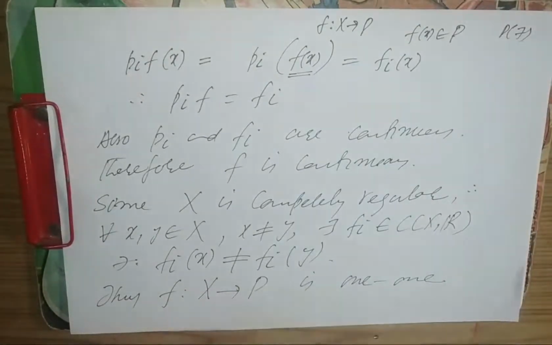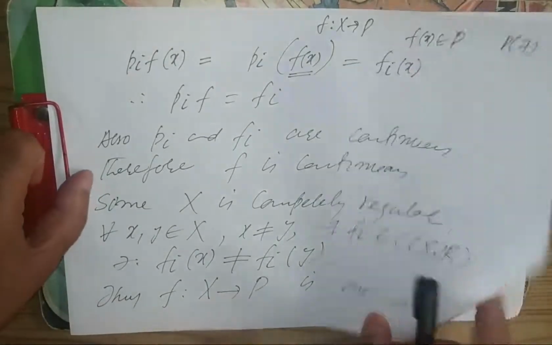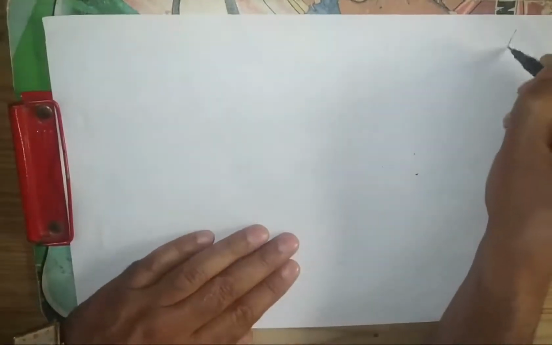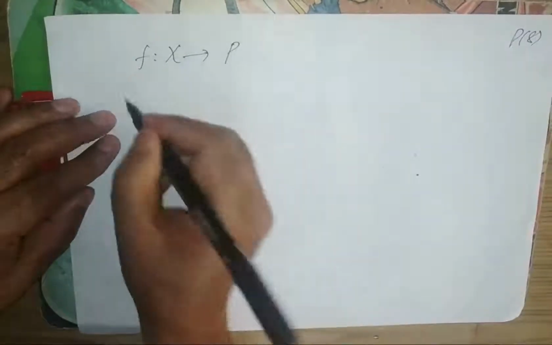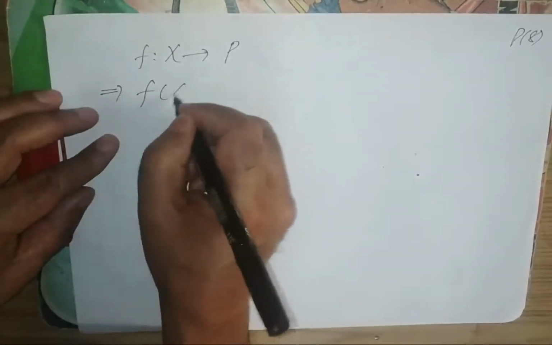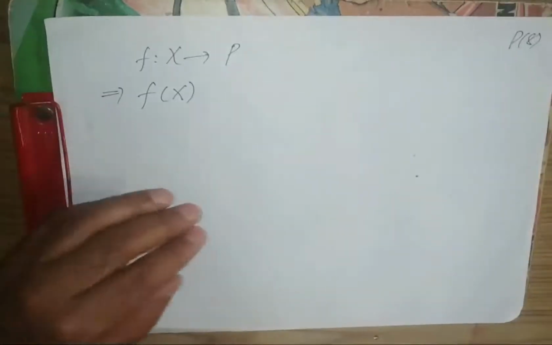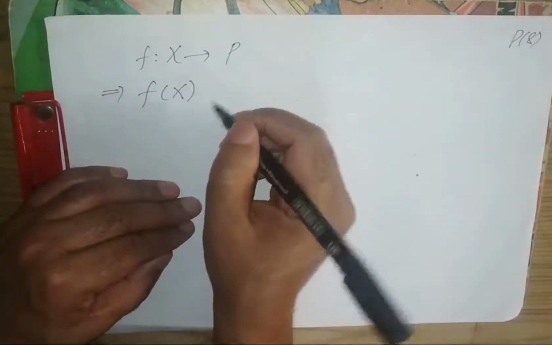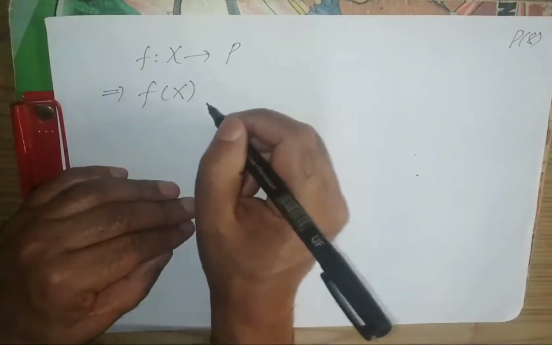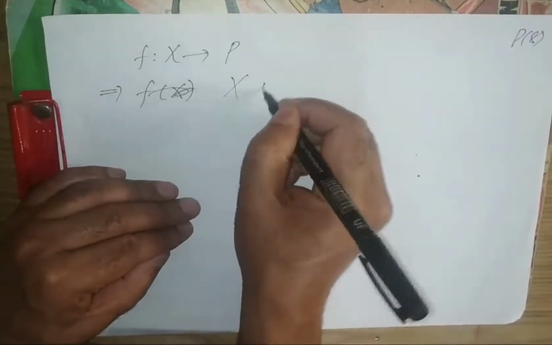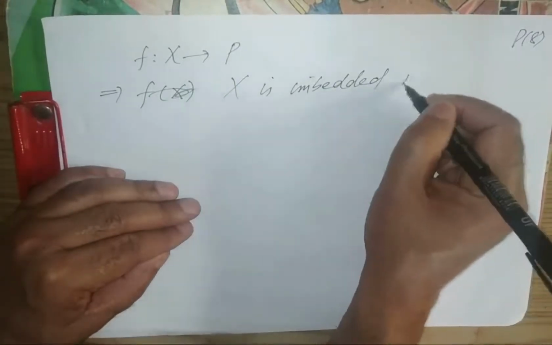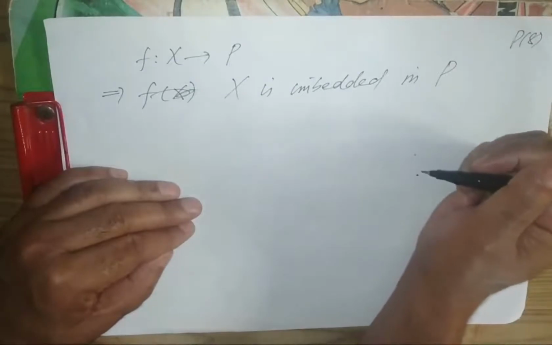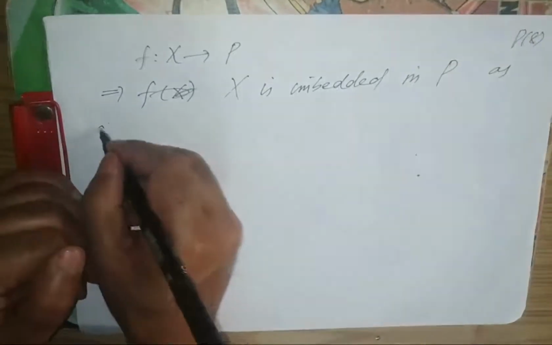So this means that f from X to P is one-one. So that means X is embedded in P as a set.